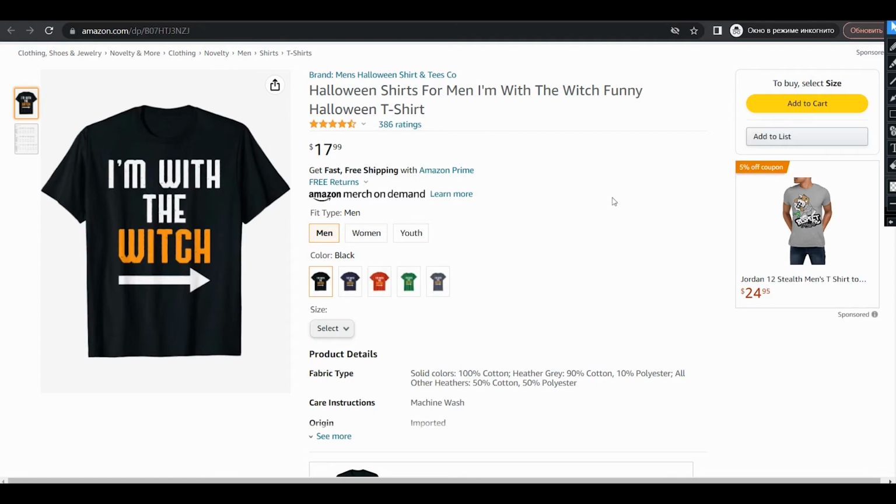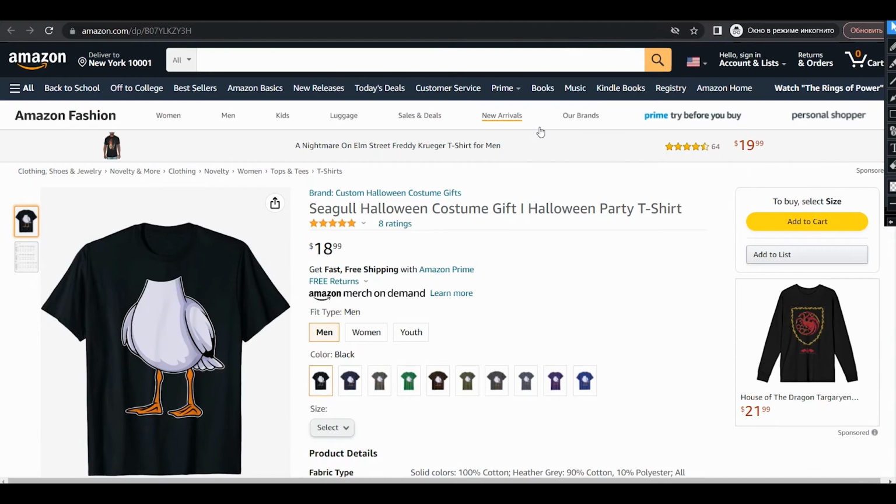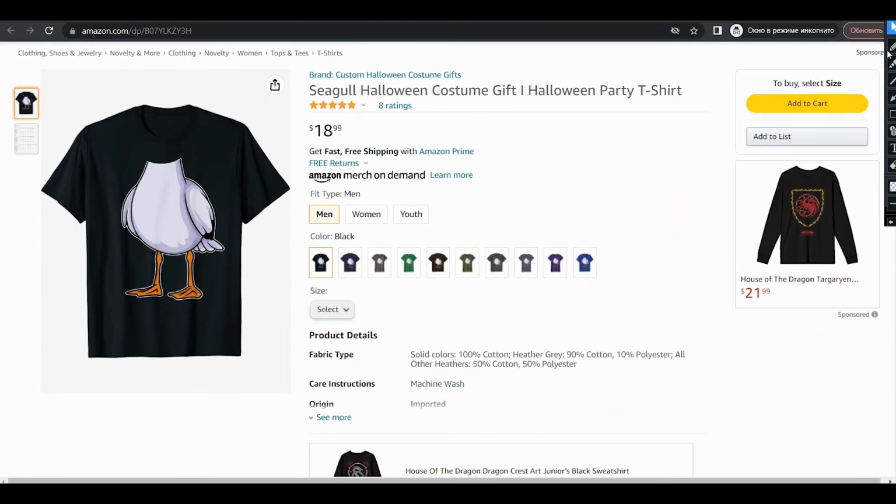Okay, let's go to the next sub-niche idea, and it's about Halloween costume. It's made usually with keywords like Halloween costume gift, Halloween party shirt, or something like that, and it is one of the examples of t-shirts for this variation.